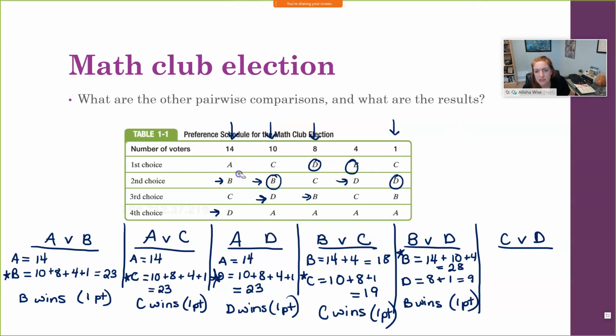Okay, and then C versus D is our last one. So let's kind of just put that one together. So we're just looking at C and D. C wins 14. C wins 10.